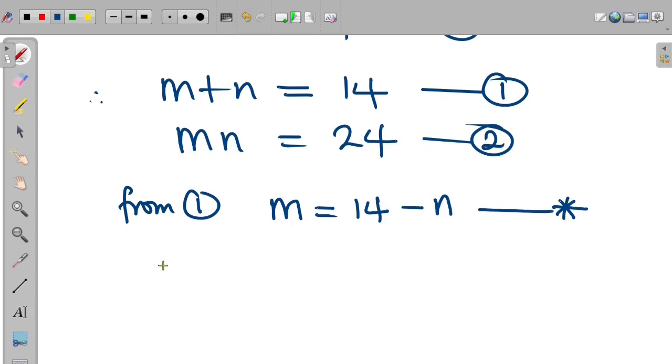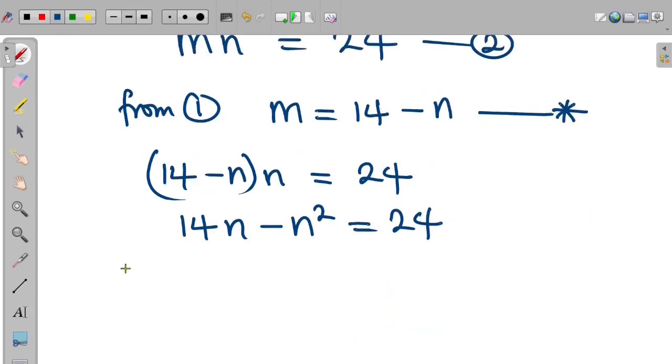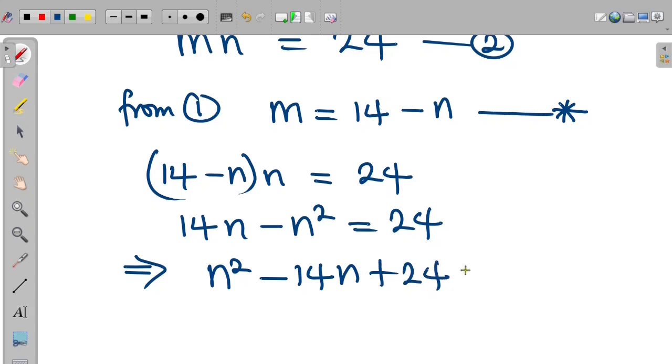So we have that this becomes 14 minus n, all multiplied by n, equal to 24. So 14 times n is 14n, minus n times n is minus n squared, equal to 24. So if we rearrange, we have that this becomes n squared minus 14n plus 24 equal to 0.